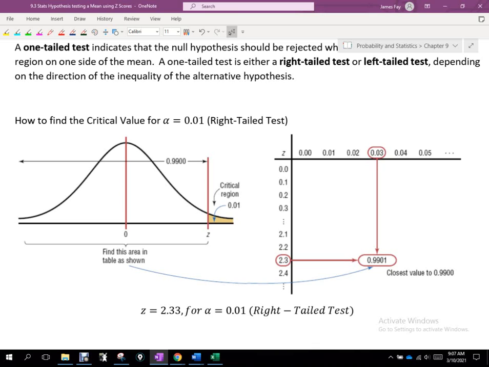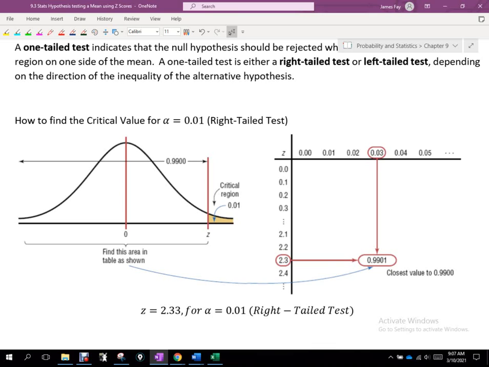Now, because this table and the normal distribution command on our calculator are left-tailed, cumulative from the left, this 0.9901 that we're seeing in this table is exactly what you would get if you typed in normal.dist and filled in the components.